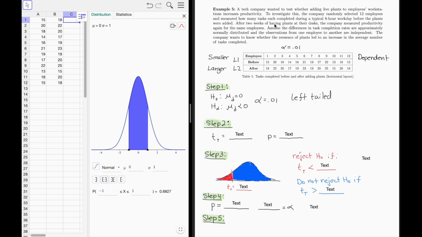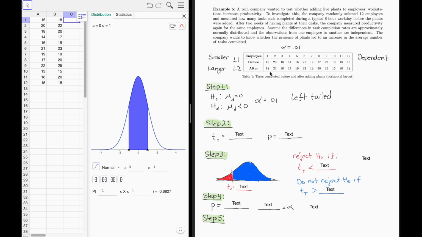Then, after 2 weeks of having planks at their desk, the company measured the productivity again for the same employees. Assume the differences in the task completion rates are approximately normally distributed and the observations from one employee to another are independent. The company wants to know whether the presence of planks led to an increase in the average number of tasks completed.